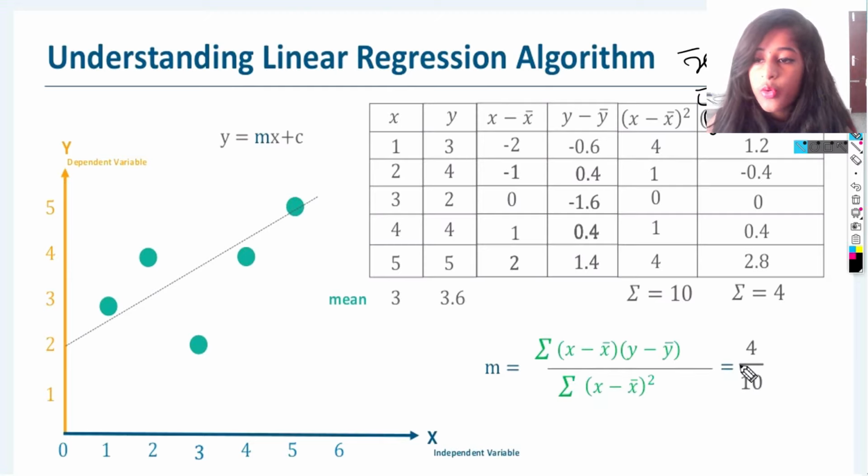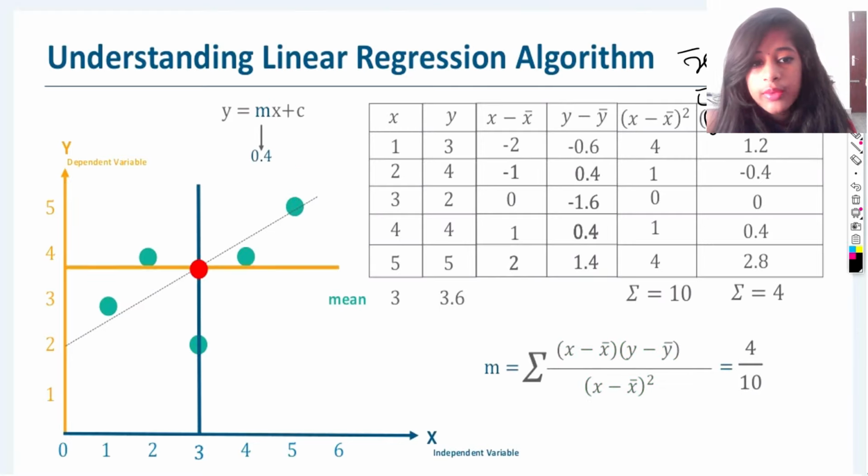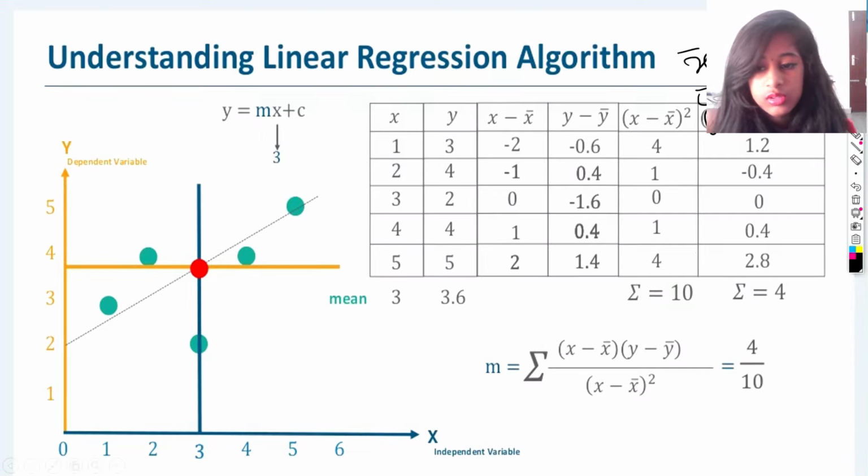So the value is going to be 4 by 10, which is 0.4. Let's move forward.